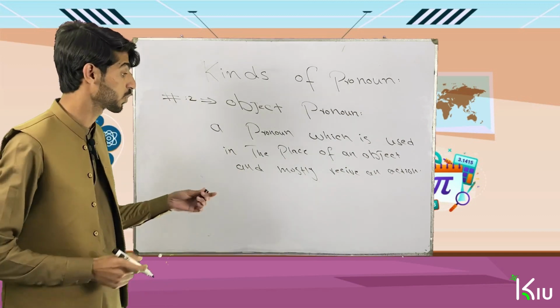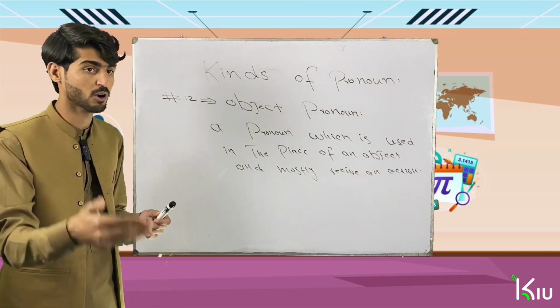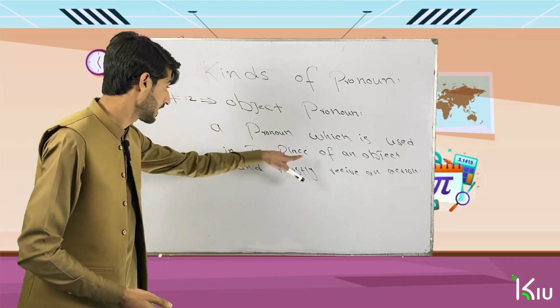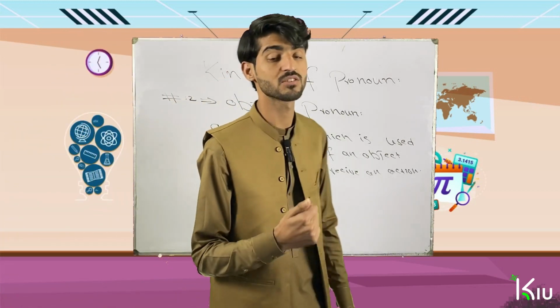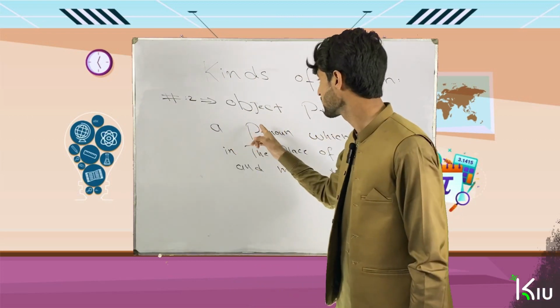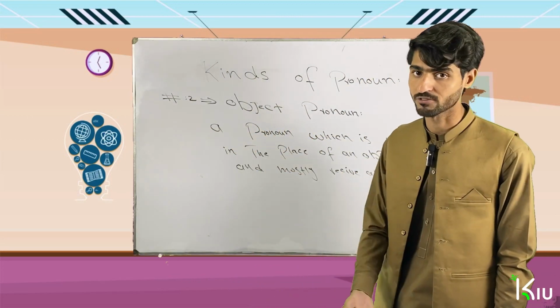Object pronoun is a pronoun which is used in the place of object, okay, and mostly receives the action. So object pronoun, it will receive the action, but this pronoun, it will be used in the place of object.